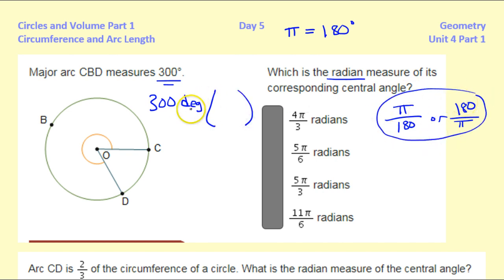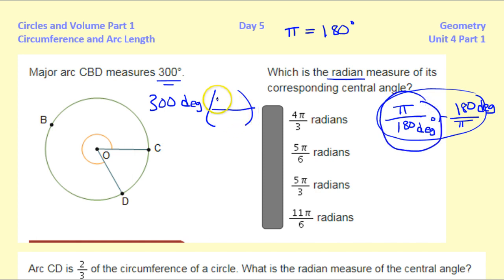But look, I want to cancel out degrees. So I need degrees to be in the bottom. So here I have 180 degrees. I'm going to use this version right here.